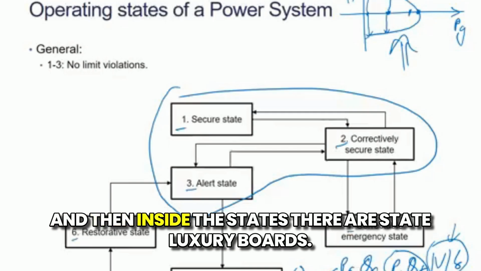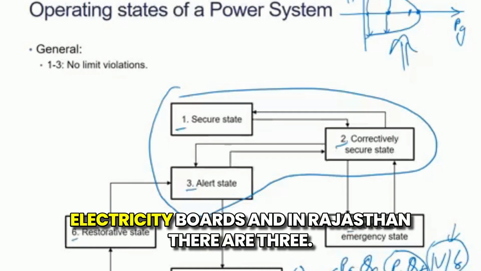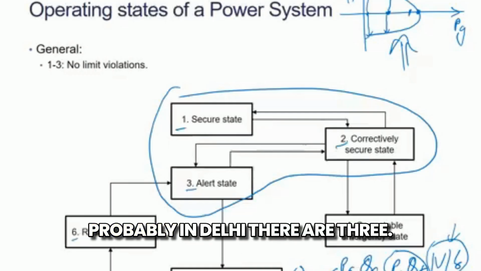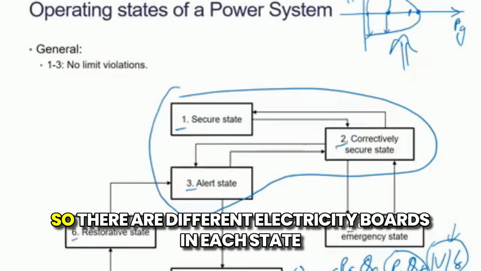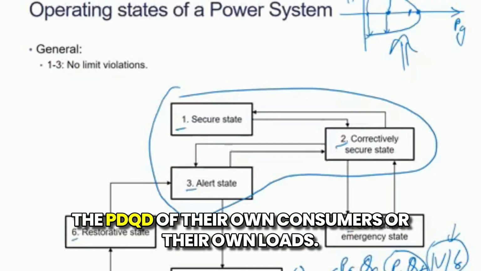For example, in Uttar Pradesh there are 5 electricity boards, in Rajasthan there are 3, and probably in Delhi there are 3. So there are different electricity boards in each state, and each electricity board decides the PD QD of its own consumers or its own loads.